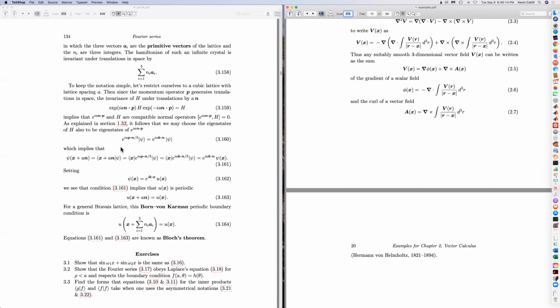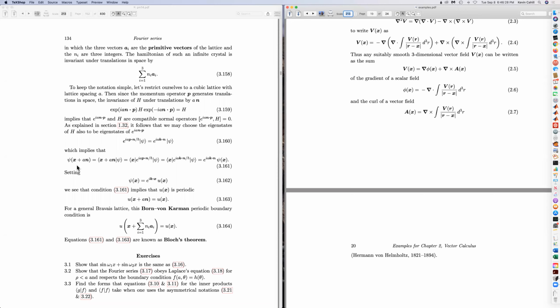They can have simultaneous eigenvalues, and the eigenvalue of e to the i a n dot p is e to the i a k dot n, where k is the eigenvalue of p, and of course p commutes with H also.